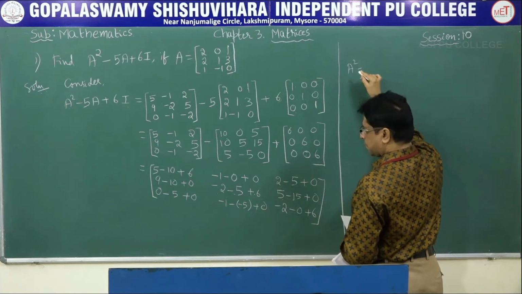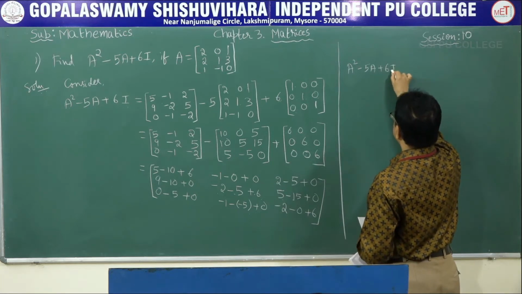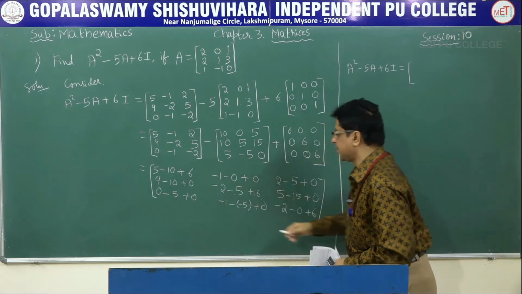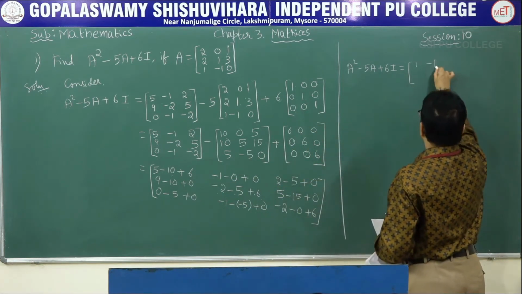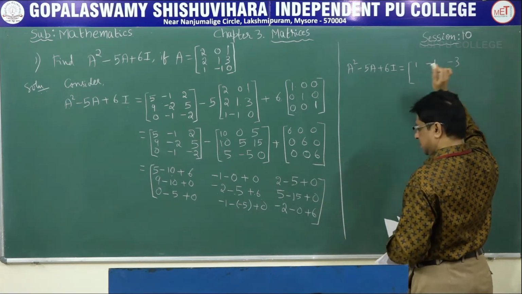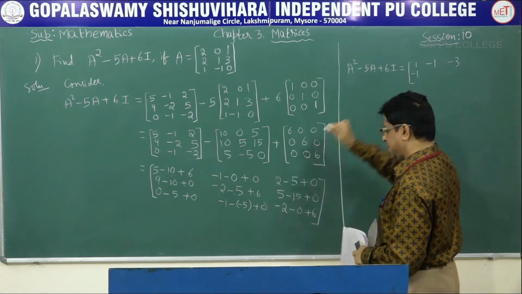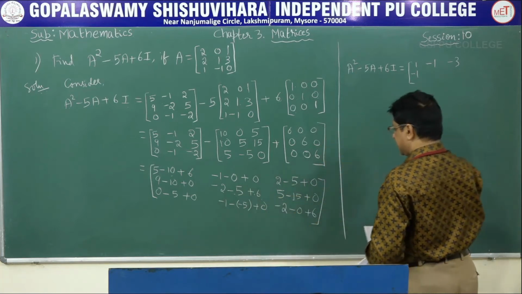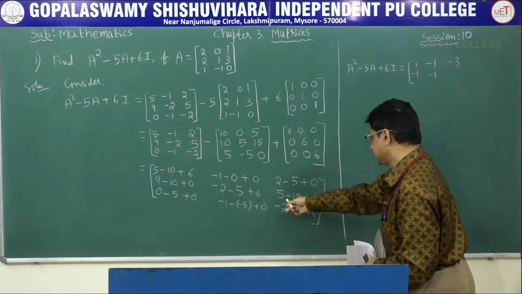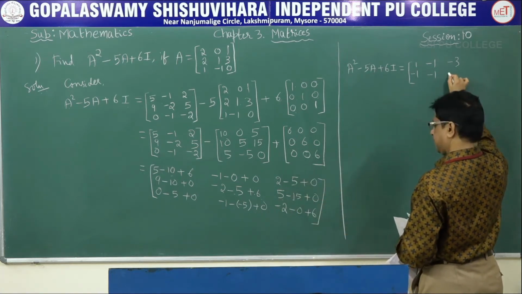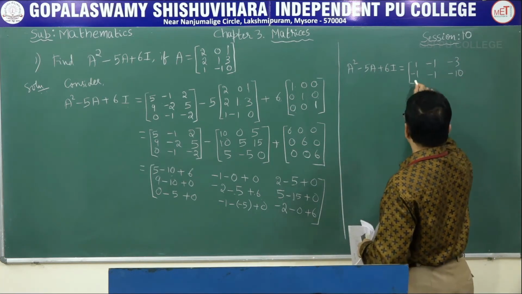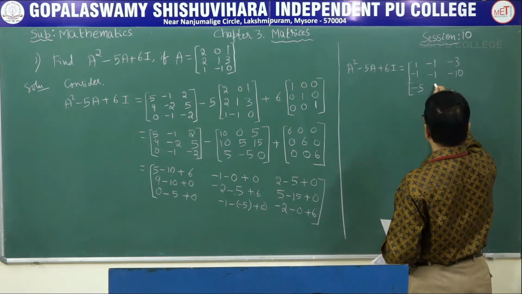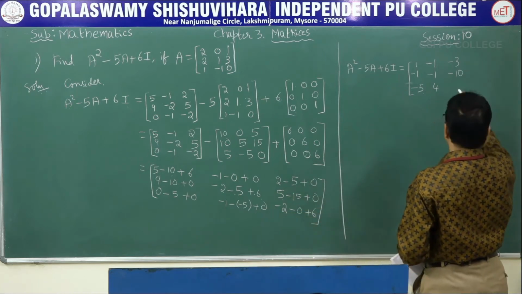That is A square minus 5A plus 6I equals, so 5 minus 10 minus 5 plus 6, 1, minus 1, 2 minus 5 is minus 3, 9 minus 10 is minus 1, minus 2 minus 5 is minus 7, minus 7 plus 6 is minus 1, 5 minus 15 is minus 10, minus 5, so minus 1 plus 5, we have 4, minus 2 plus 6 is also 4.